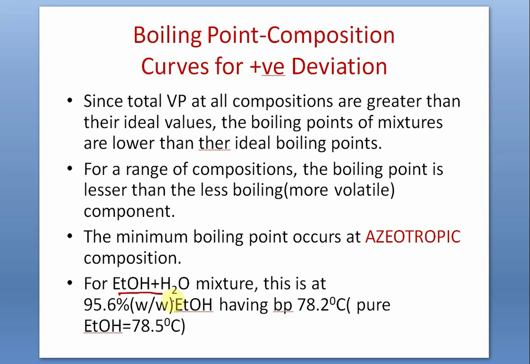But here you will find two convex lenses joining at a particular point. That's the beauty. So there also, in a single convex lens type of situation, in the ideal mixture, the x-axis was W by W %, mass %. I have not shown it because there was no point in discussing that, because that is an ideal situation.